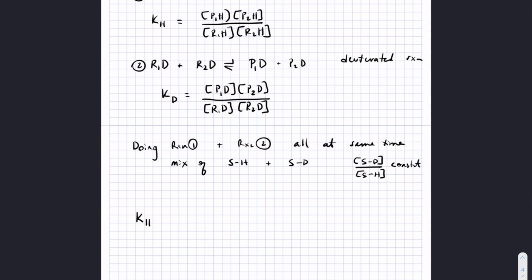Let's just say that we want to know, and we can measure, the equilibria in the presence of just protons versus just deuterium.